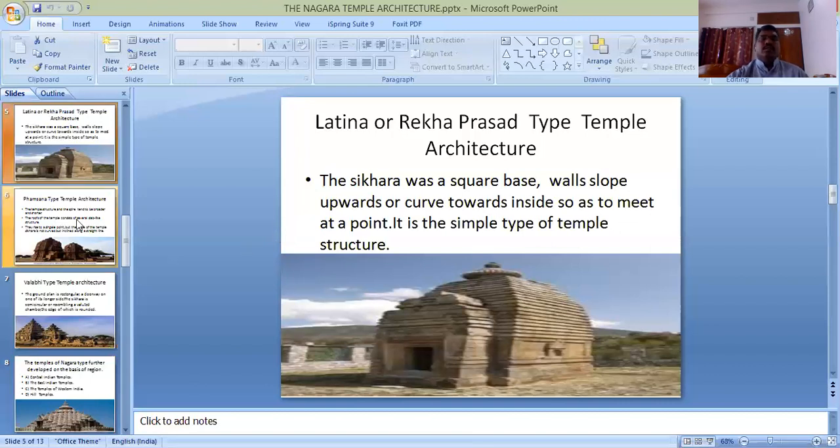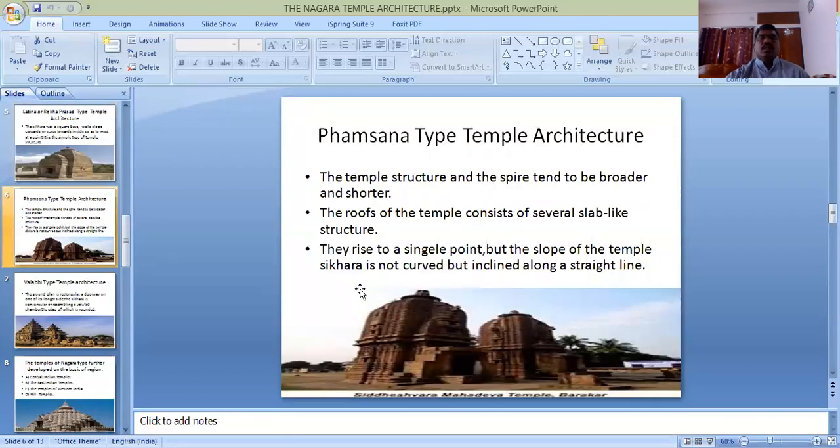And then the Vamsana type temple architecture. Vamsana type temple architecture is related with the temple structure, and the spire tends to be broader and shorter.